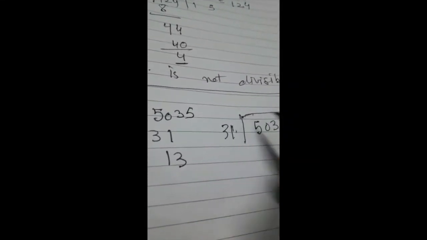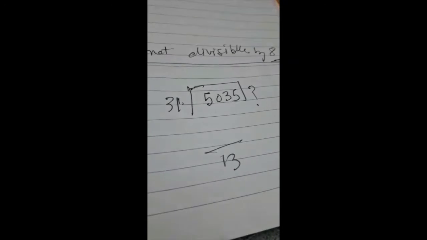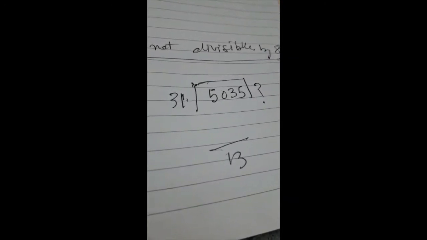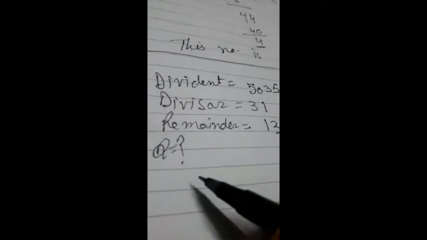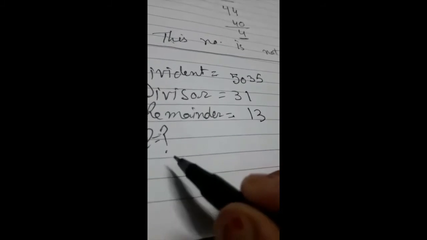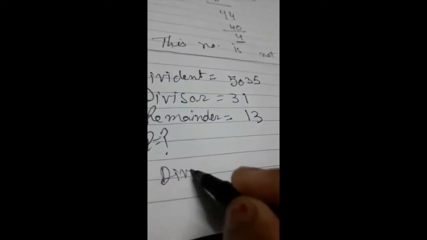Like this, 5035 divided by 31, and after dividing the remainder is 13. We find this quotient. Now how can we find it? First of all, we write the formula.